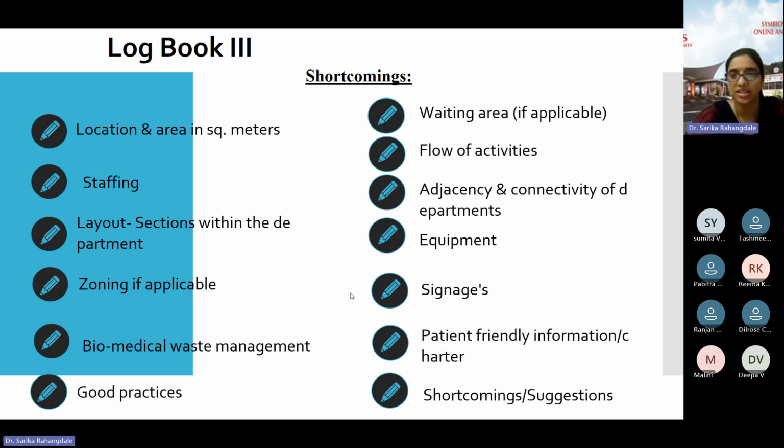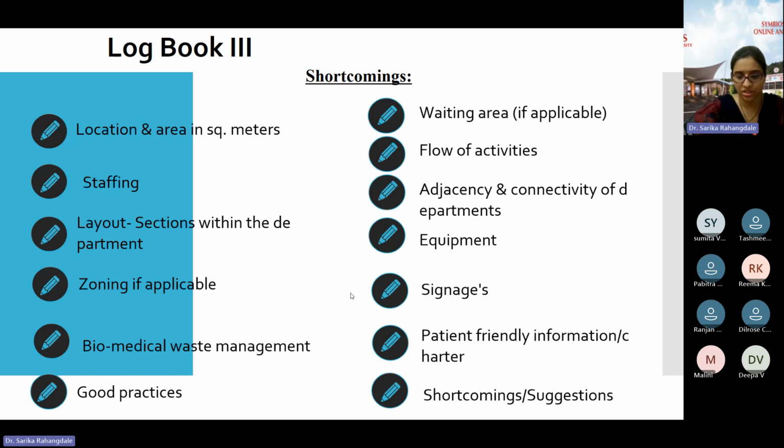Okay, signages are very much important. From the entrance itself, the patient should be guided by the signages. The patient need not ask each and every question to the hospital staff.